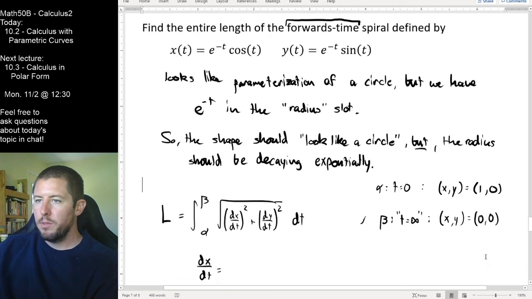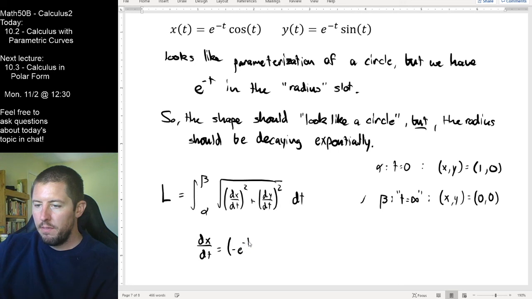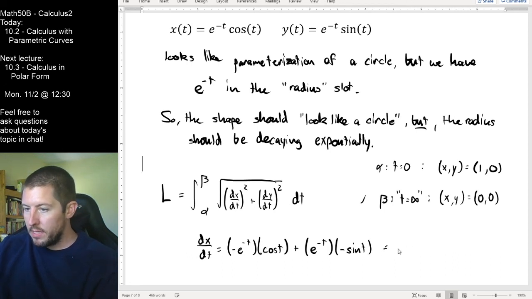I'll keep this scrolled up so we can see them. Here, x of t was e to the negative t cosine t. So for dx/dt, I first take the derivative of the exponential and leave cosine t alone, plus I leave the exponential alone and take the derivative of cosine, which gives negative sine.